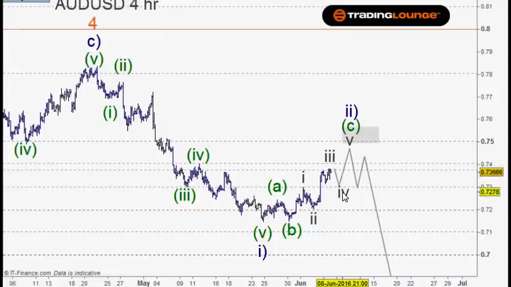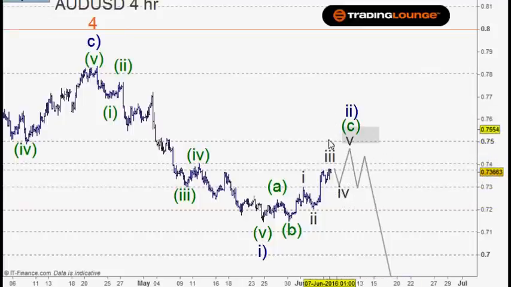Then wave 4 pulling back 38.2%, so let's just say 73, but the 38.2 retracement level is just above that, maybe 73.20, 73.30 area. Once wave 4 is completed, we can look for wave 5 to the upside.